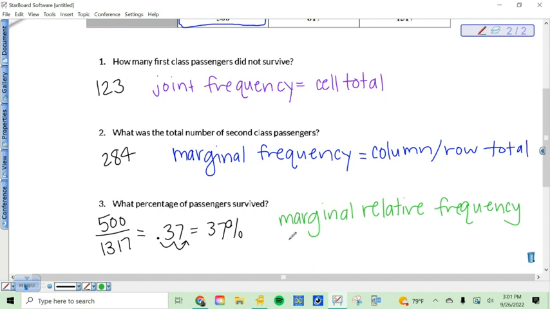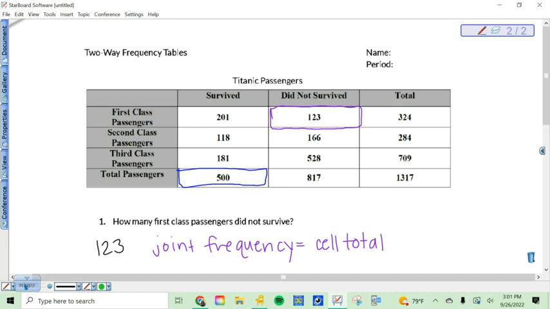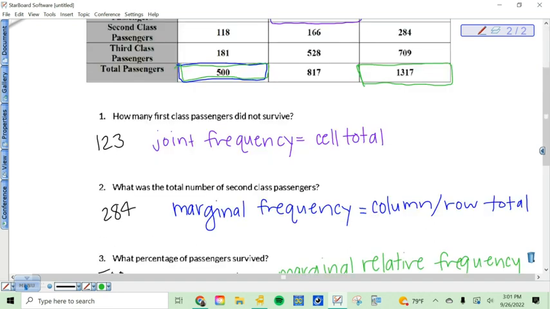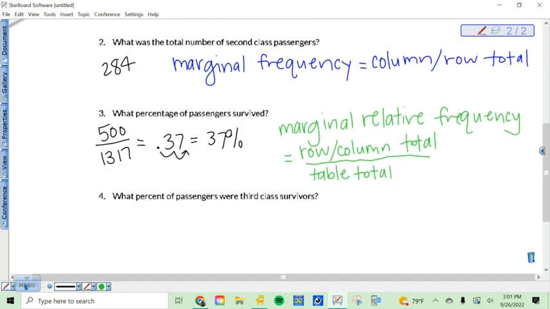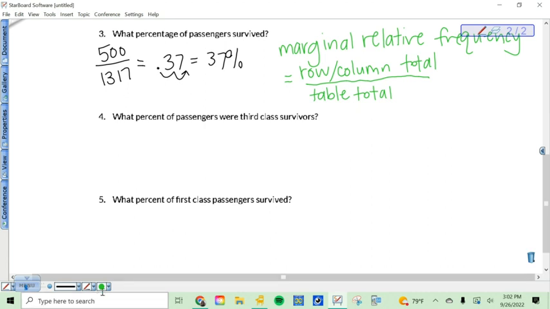Marginal relative frequency is relating a row or column total compared to the table total. I'll scroll back down in just a sec. This was my column total, 500, and I compared it to my table total, right? That's marginal relative frequency.